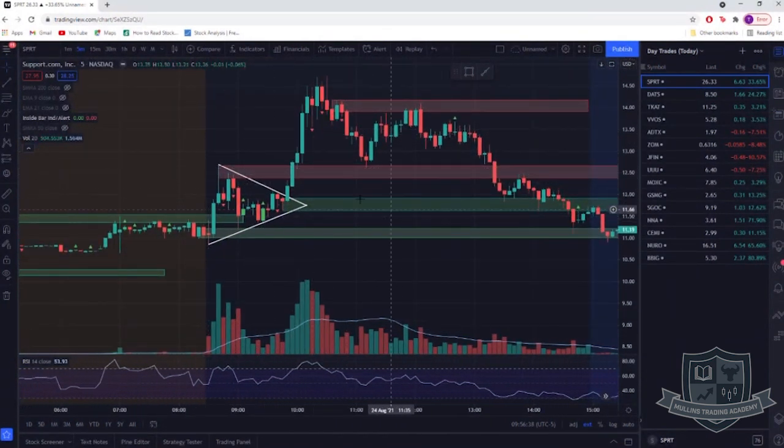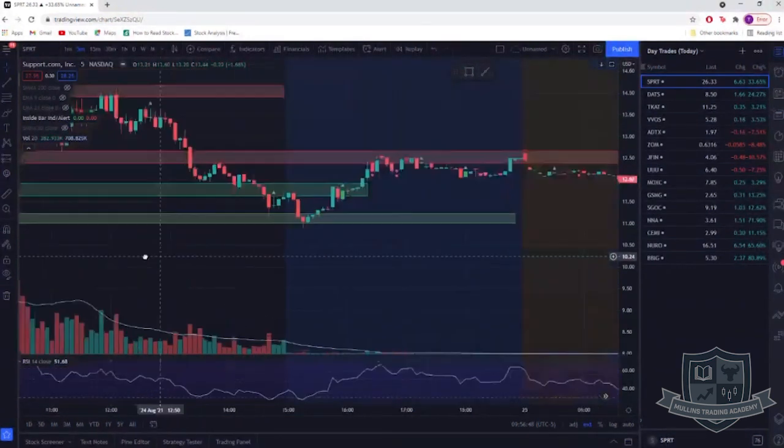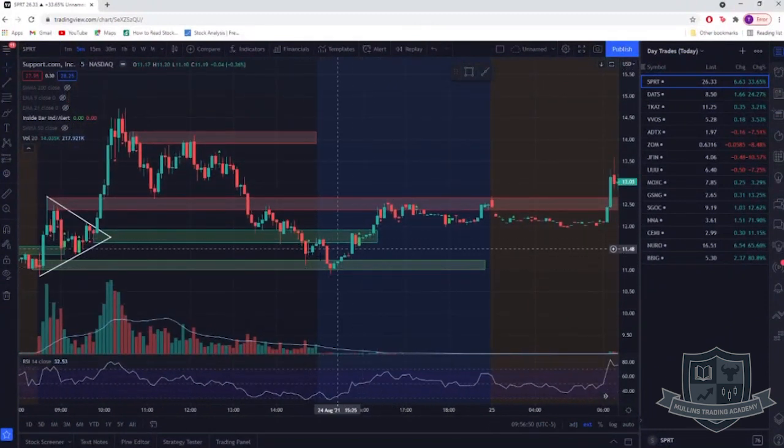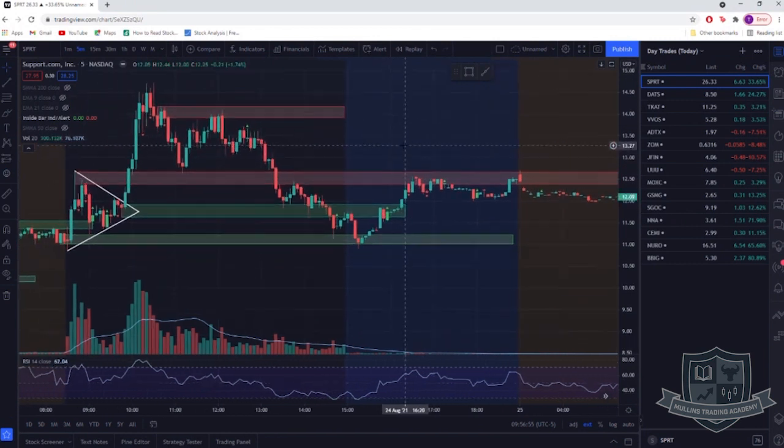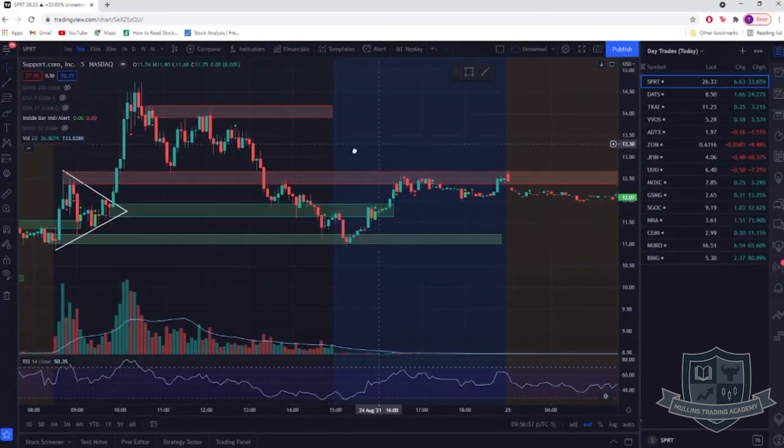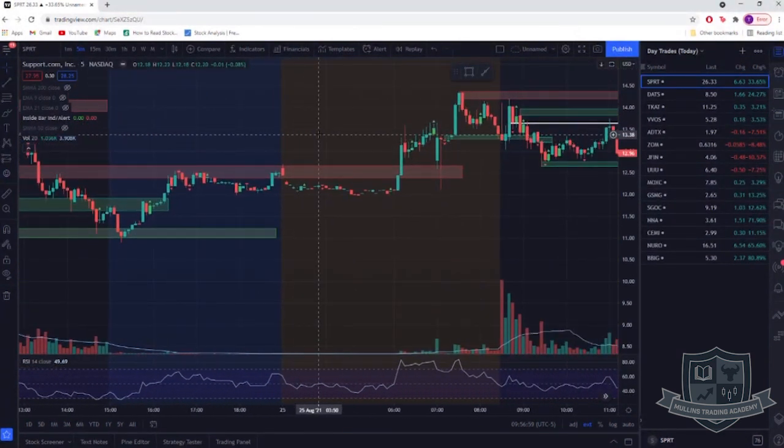Ace uses zones, looking at things when they reach supply and seeing how they react, seeing if they start to form a head and shoulders or just react heavily away from the zone and then entering short, or when they reach demand and seeing if they form a bullish reversal like an inverse head and shoulders and playing up. All of these things can be in isolation a trading strategy.